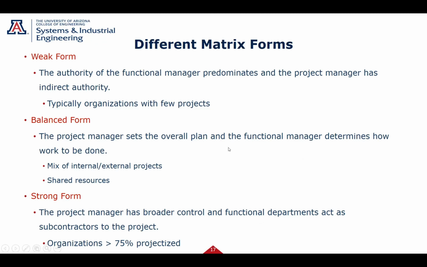Generally speaking, what you're looking for is a balanced form where the project manager sets the plan, functional manager determines how it's going to be done, and how those resources are going to be shared. But you'll see organizations go through these swings. Sometimes, honestly, it depends on the people and where the organization's at. I've been through the full spectrum.